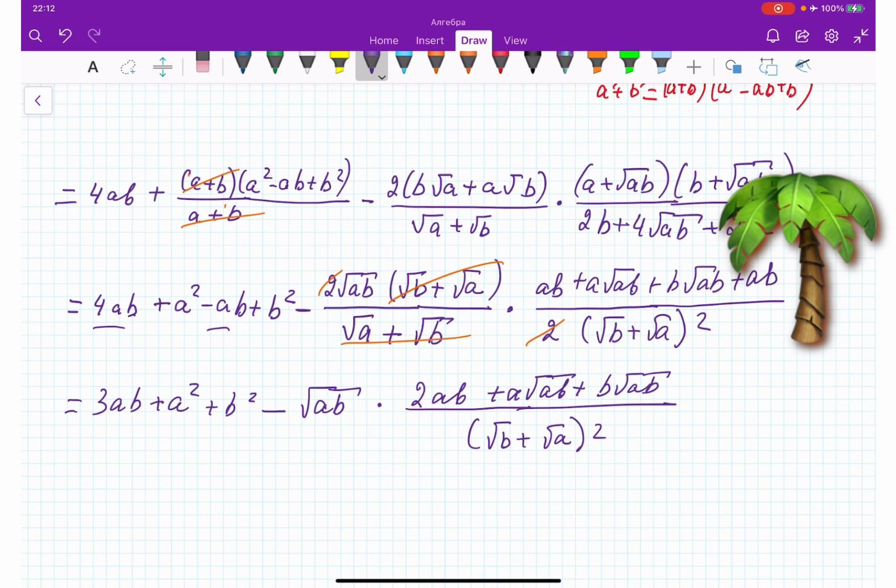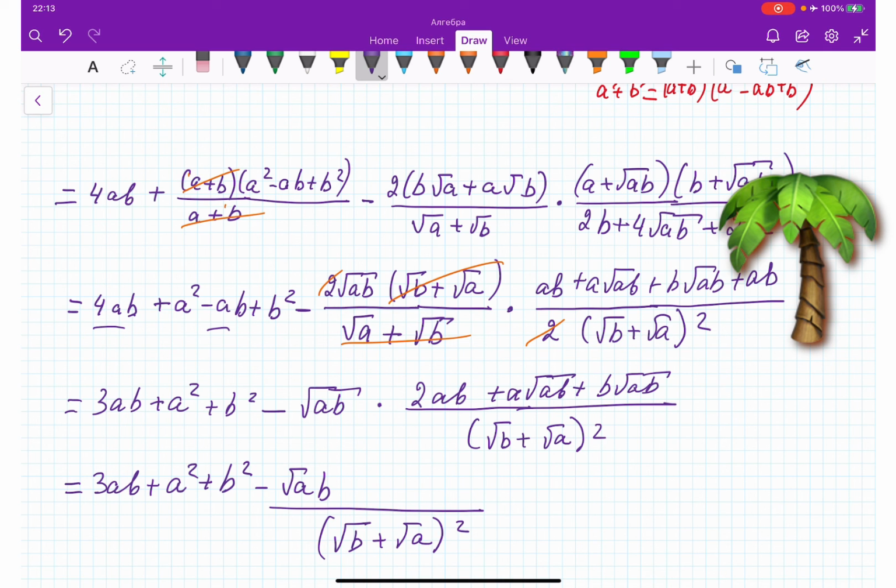Okay? This is equal to 3ab plus a squared plus b squared minus square root ab. Here I have square root b plus square root a squared.